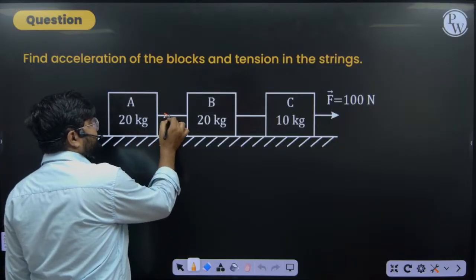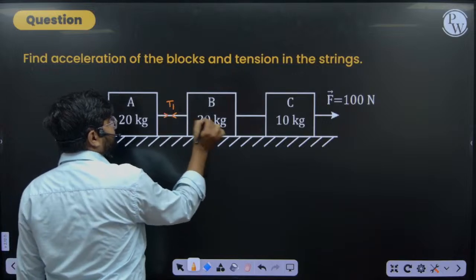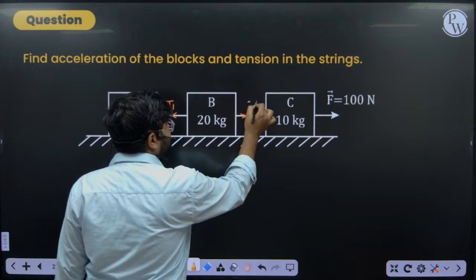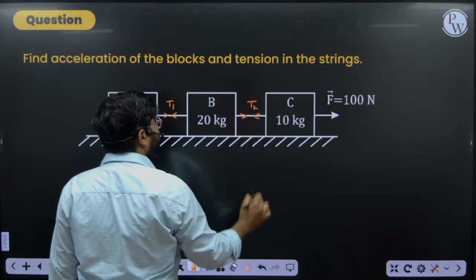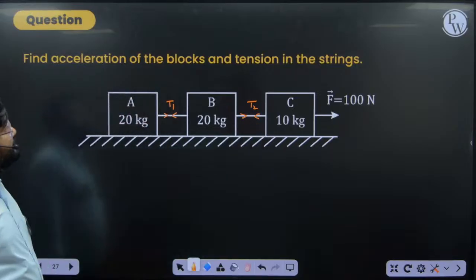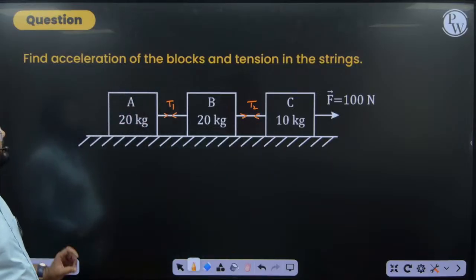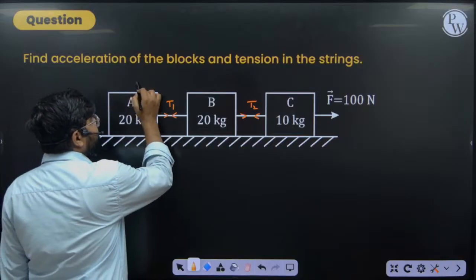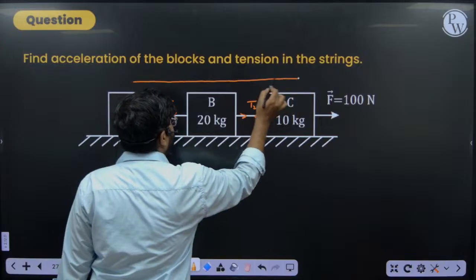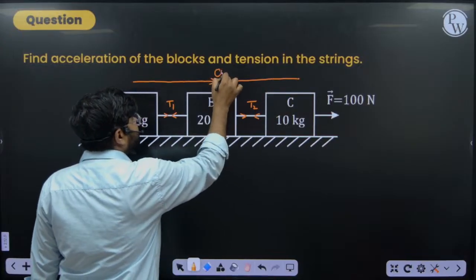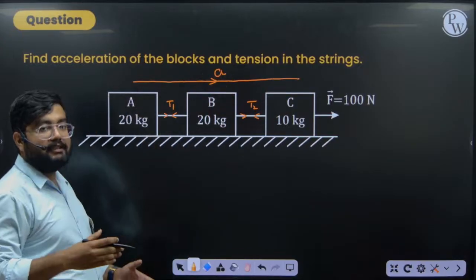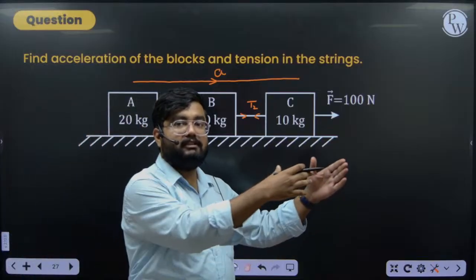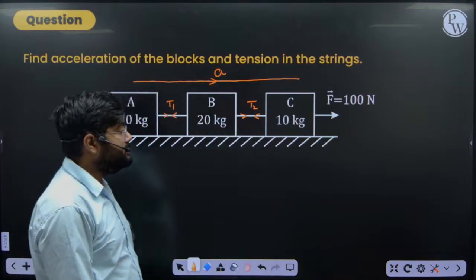So let's say the tension acting here is T1 and the tension acting in this is T2. We have to find both the tensions and we have to find the acceleration. Now, all these bodies are going to move together with the same acceleration. As they are connected, they will move one after the other together with the same acceleration.